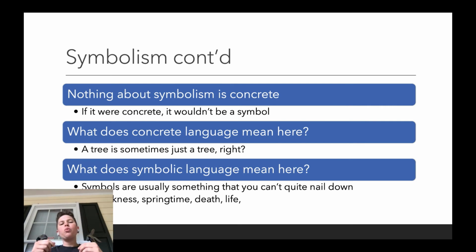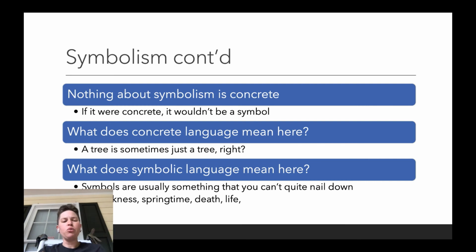And so nothing about symbolism is concrete. Perhaps the symbol itself, like whatever object is the symbol, is concrete, but not the thing that it's symbolizing. Okay? So, what do I mean when I say concrete here? I mean, if we're talking about a tree, it is the legitimate object of a tree.